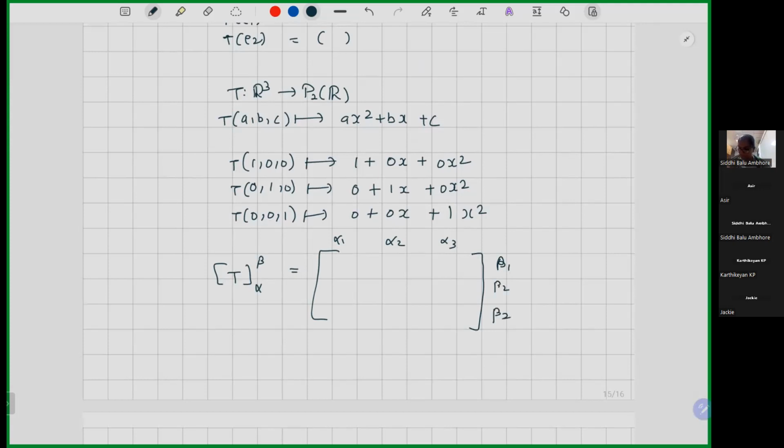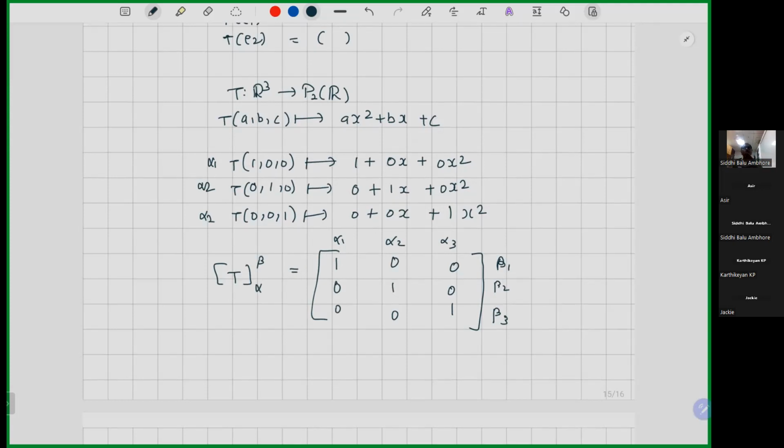The coefficients of beta for alpha 1 are 1, 0, 0. Second one it is 0, 1, 0, third one it is 0, 0, 1. This will be the matrix.